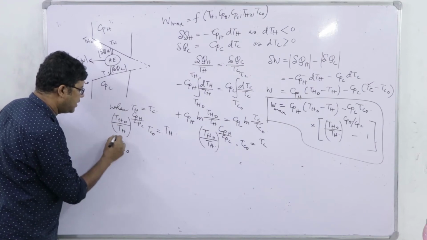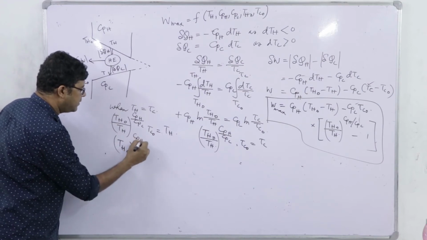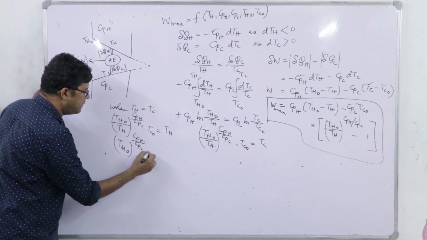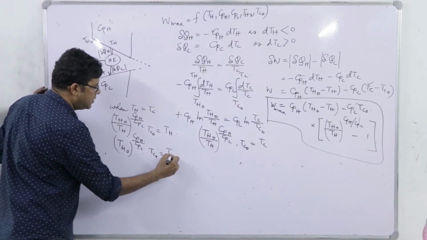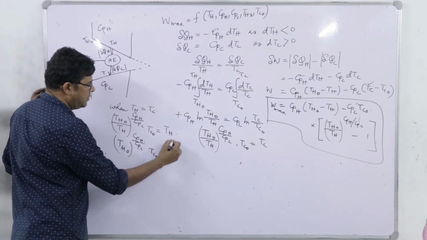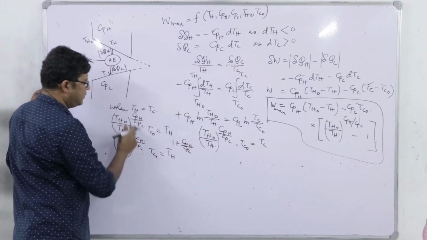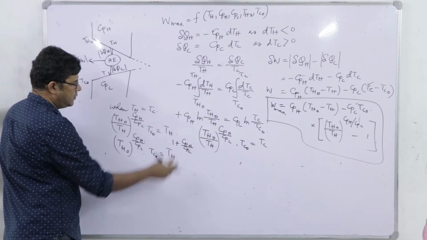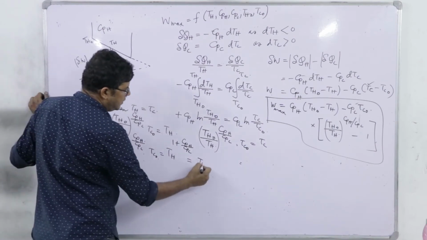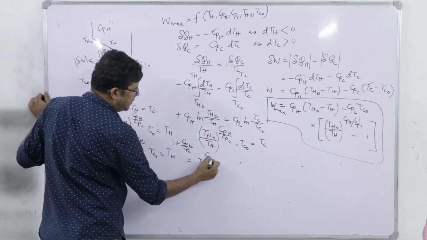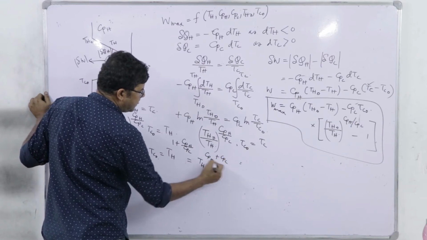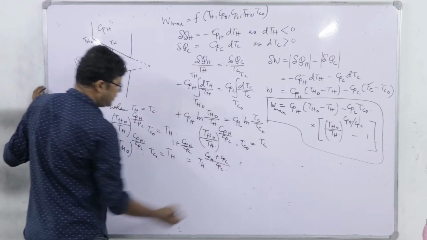So, TH naught to the power CPH by CPC into TC naught equals TH to the power 1 plus CPH by CPC. This is getting multiplied. So, we will have TH to the power CPH plus CPC divided by CPC.